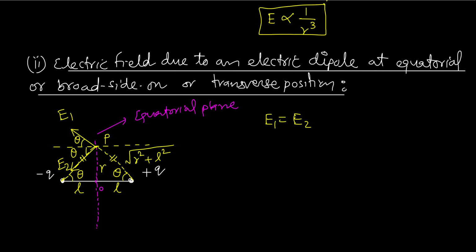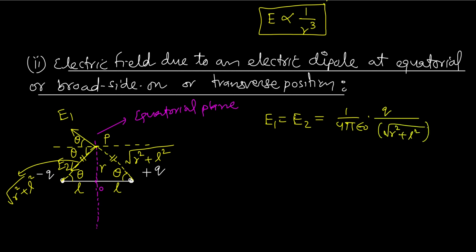So the magnitude of either E1 or E2, using Coulomb's law or the formula for electric field due to a point charge, will be 1 upon 4 pi epsilon naught q divided by distance square, means square root of r square plus L square whole square. It will be 1 divided by 4 pi epsilon naught q divided by r square plus L square. This is the magnitude of both the electric fields.